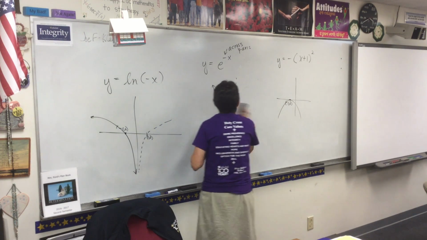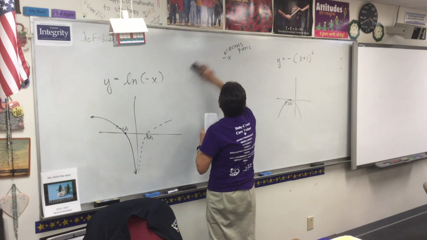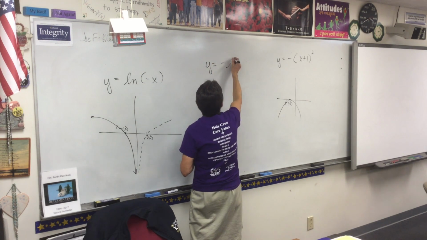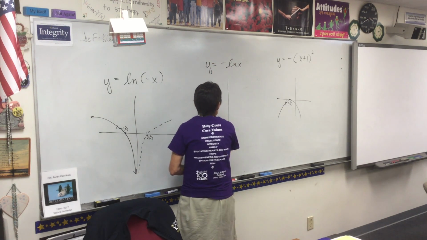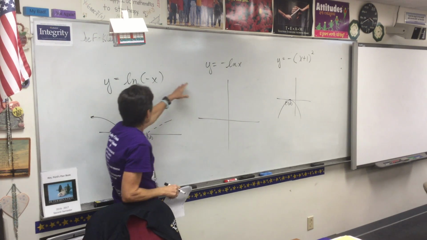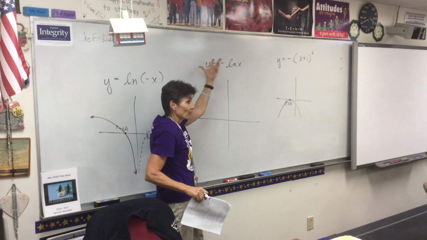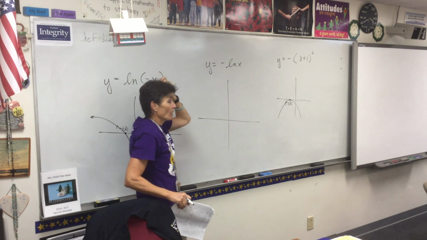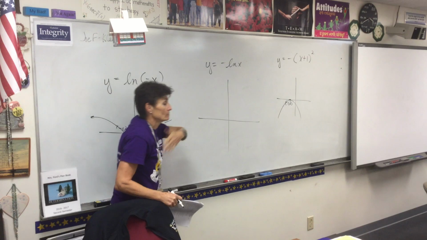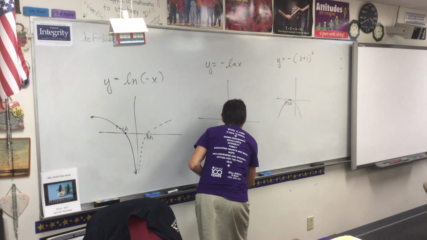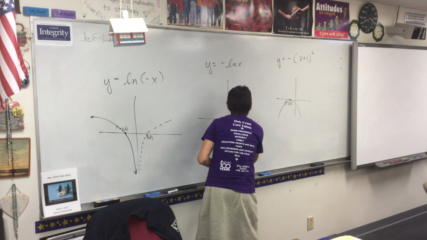And one more. Negative ln. We gotta be able to keep these straight. These are different things. This negative is out in front. So what do negatives out in front do? Upside down. So here's the original. I'm going to start with the original.